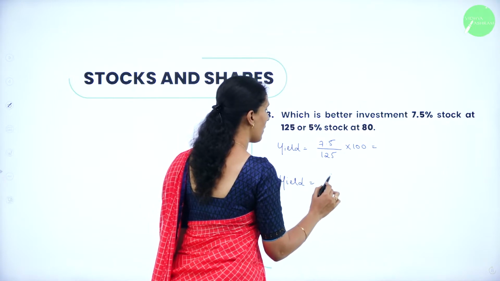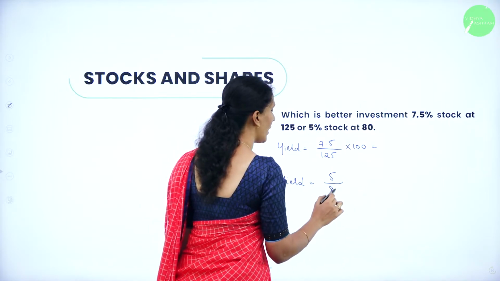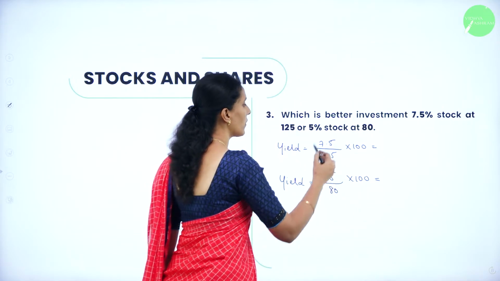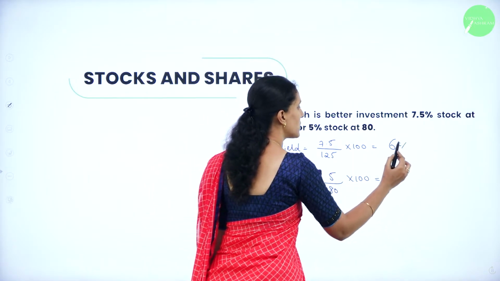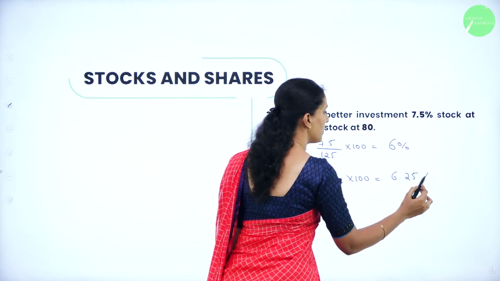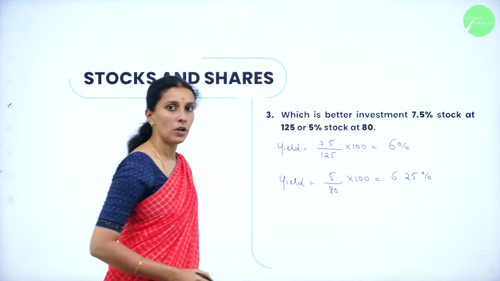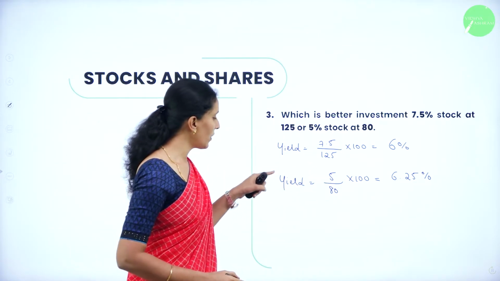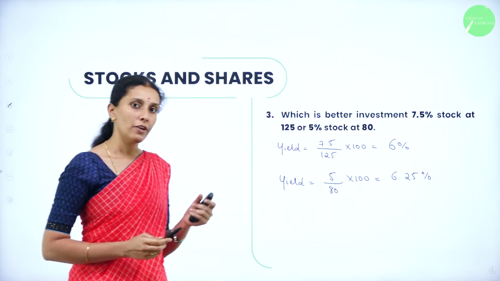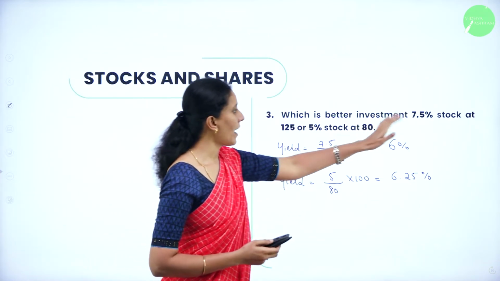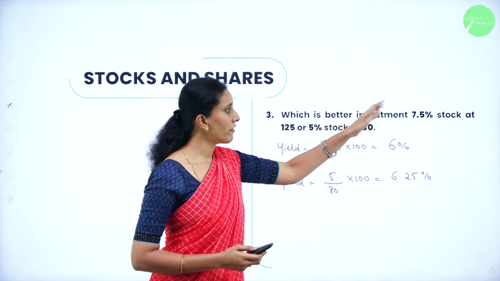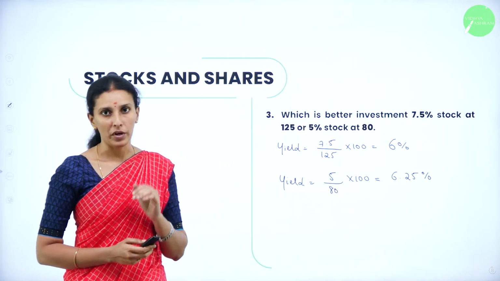Income is rupees 5 on market value 80 into 100. So when you calculate this, you will get a yield of 6%, and when you calculate this, you will get a yield of 6.5%. So therefore, by observing this, we get the maximum yield for the second investment. So therefore, what we can consider, 5% stock at 80 is better than 7.5% stock at 125.